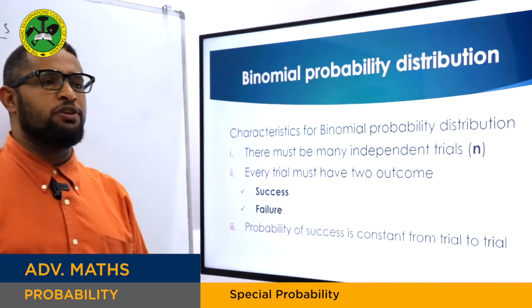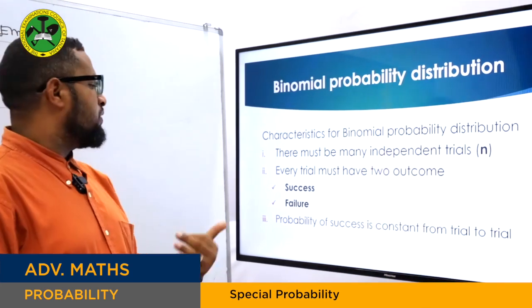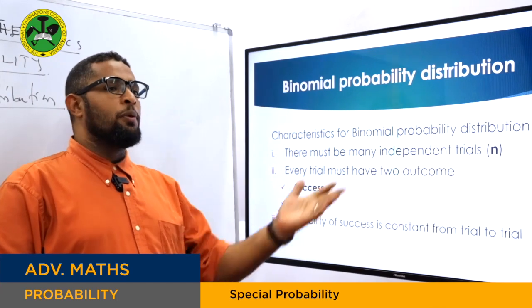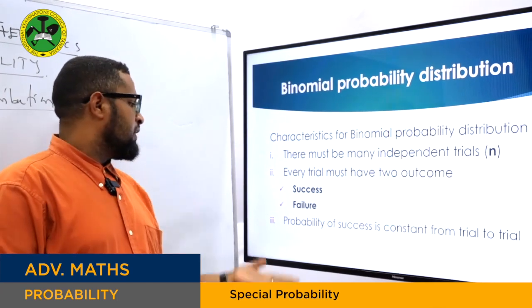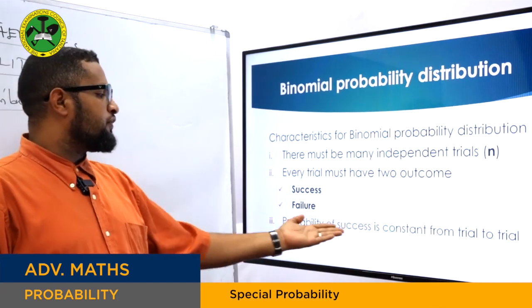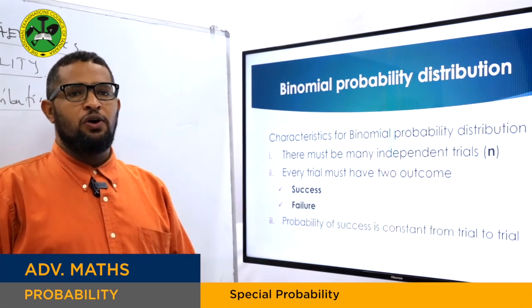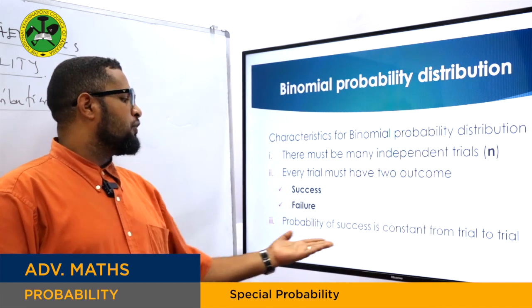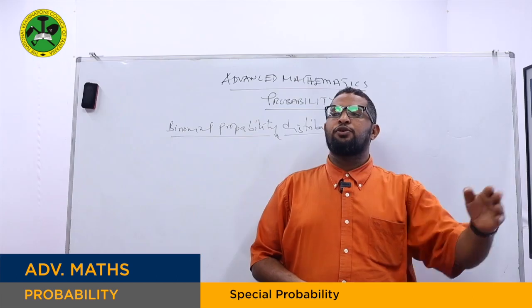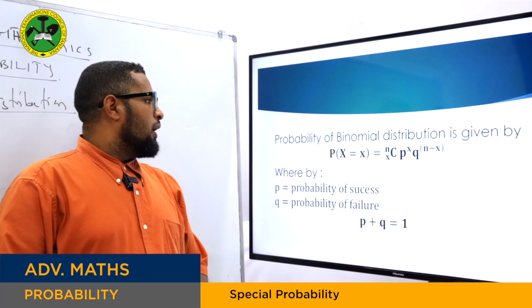When you say success, it means the one that you are looking for. When you say failure, it is the opposite of success. Lastly, the probability of success is constant from trial to trial, or simply, the probability of success is constant throughout the experiment.